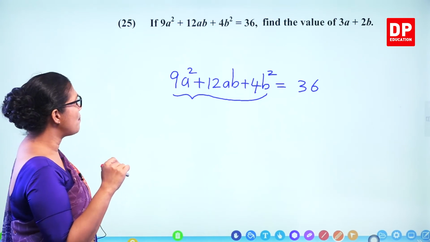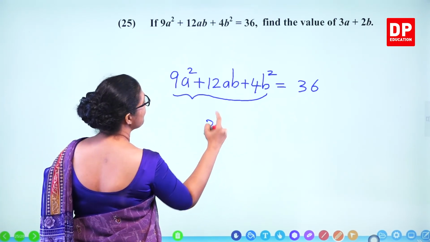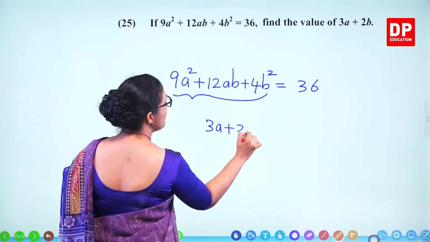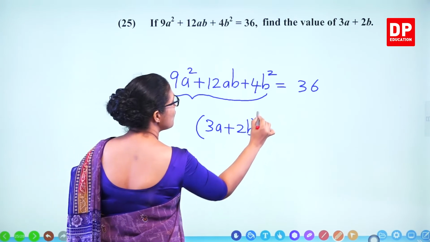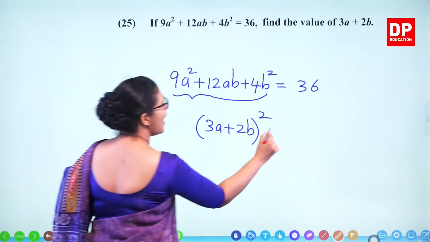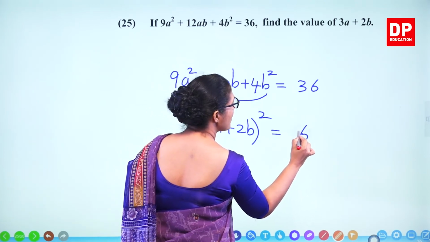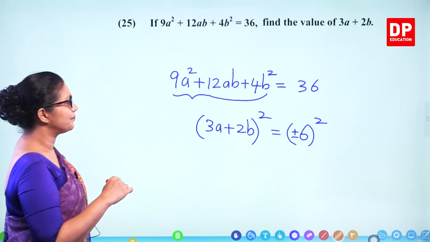A square term, this is a perfect square. Square root of 9a squared is 3a and square root of this is 2b. Middle term, 2 times this, that's 12ab. So you can write this as a square term, and 36 you can write as plus or minus 6 squared.